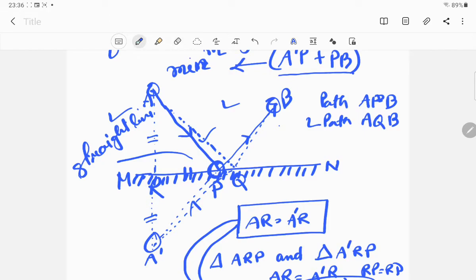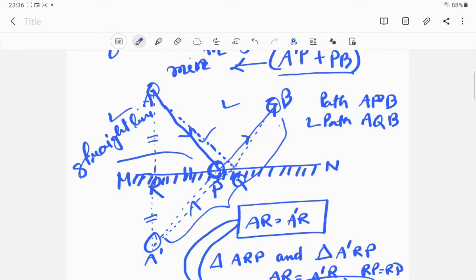Now you can see that this is a straight line. Listen to me carefully. A dash P B is definitely a straight line to be minimum.